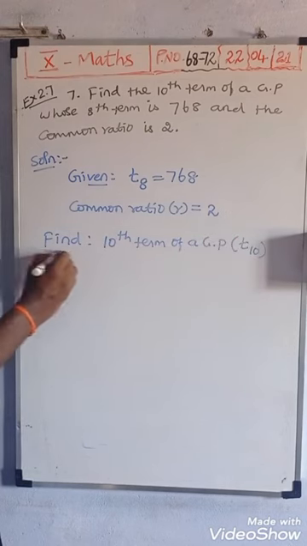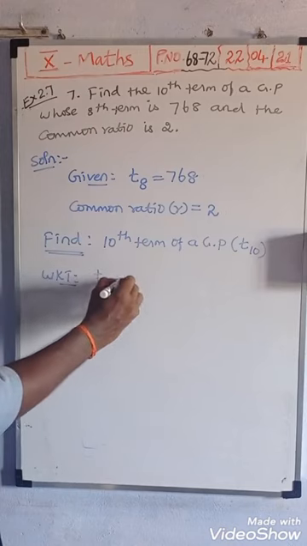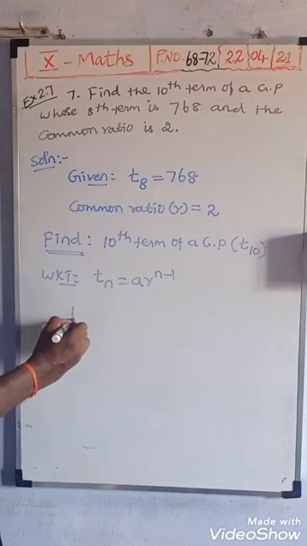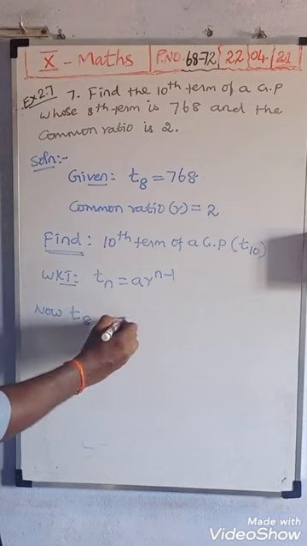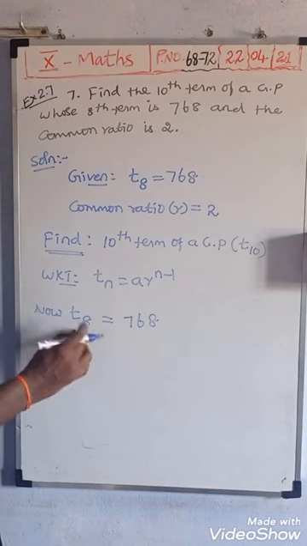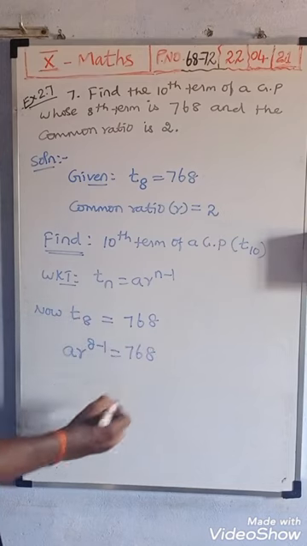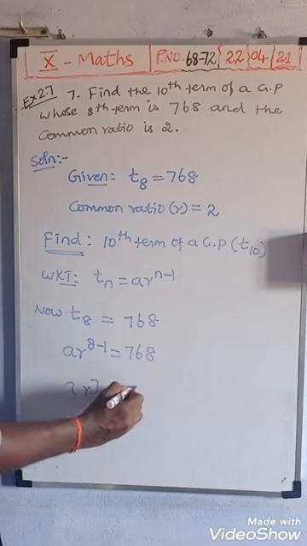So for that we know the formula Tn is equal to a r to the power n minus 1. Now T8 value is 768. T8 means a r to the power 8 minus 1 is equal to 768. Now a r power 7 is equal to 768.